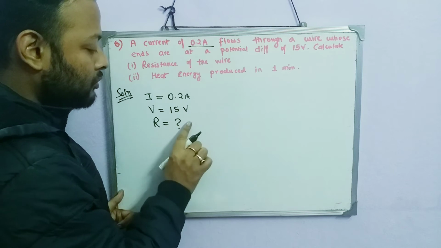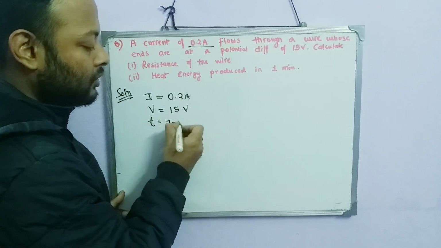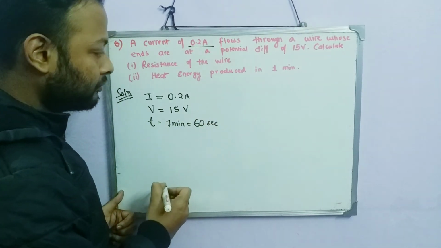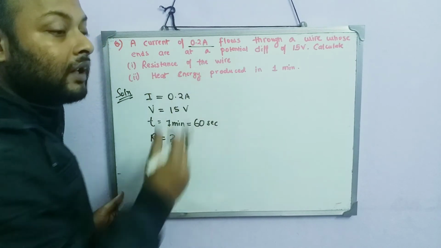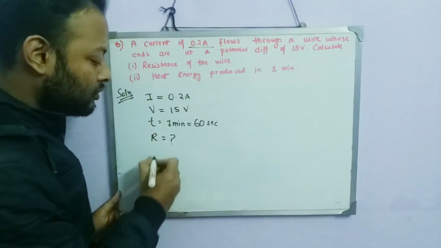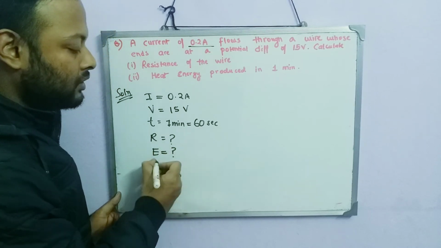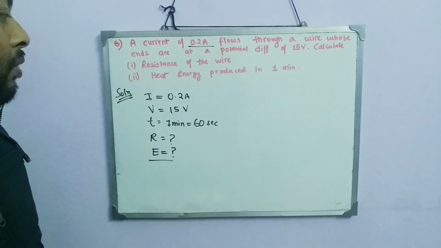Okay, no problem. Writing the time first. Time is given 1 minute, and 1 minute is equal to 60 seconds. So now they're asking me to calculate the resistance and the heat energy produced in 1 minute. So heat energy means energy in 1 minute. So this is what is given and what they're asking me to find.